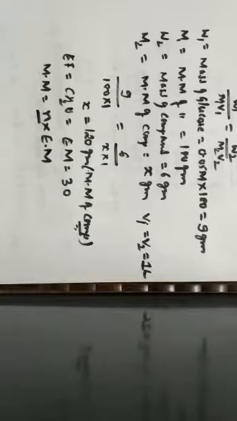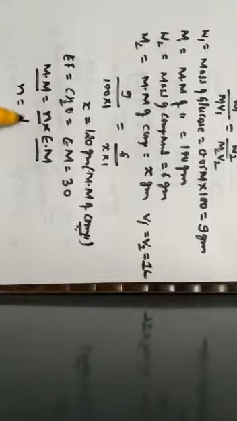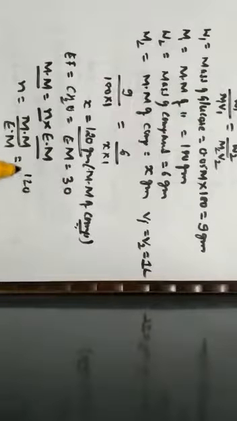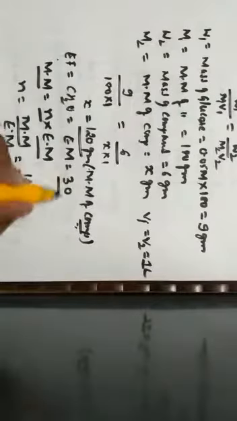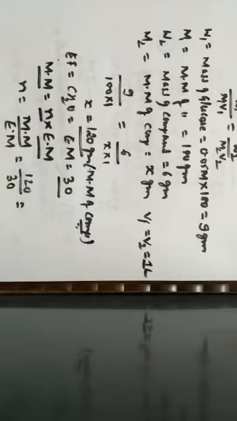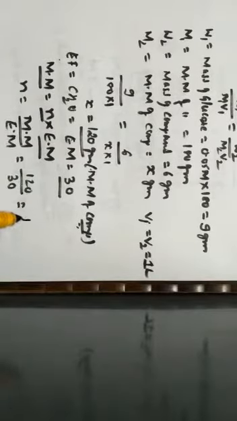Therefore, N is equal to molecular mass divided by empirical mass. The molecular mass I have calculated is 120, and the empirical mass is 30. 120 by 30 is 4. Hence the N value is 4.